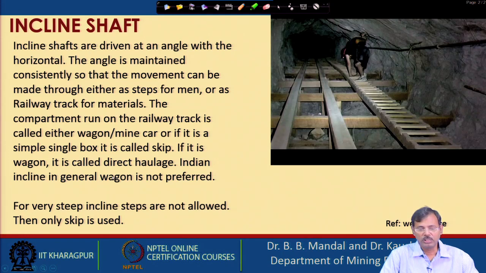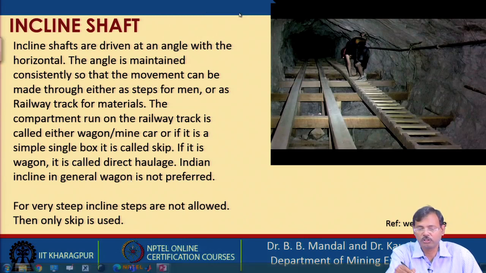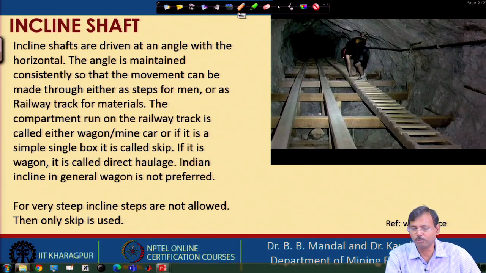Often we go for a wide width of the incline. There we provide different compartments for the railway track and different compartments for the movement of men and other material. You can see one photograph taken from a web source.